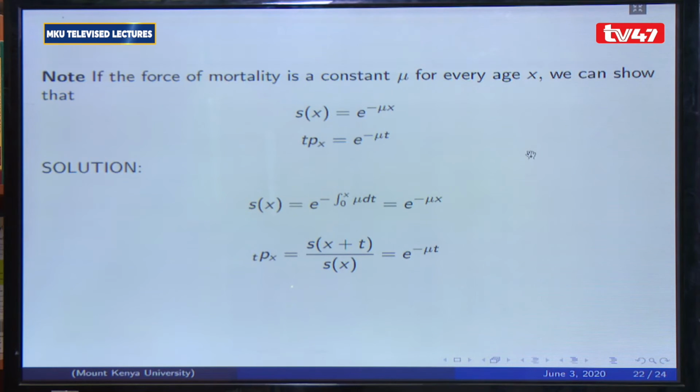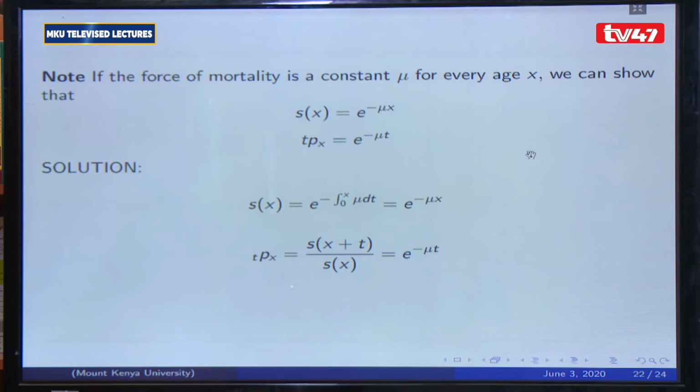To put it in a better way, from our first example, Sx, we've seen that it is simply e to the power negative mu x, or simply what we have inside the brackets here. So the numerator should be e to the power negative mu, in this case, x plus t. And then in the denominator we have e to the power negative mu x.